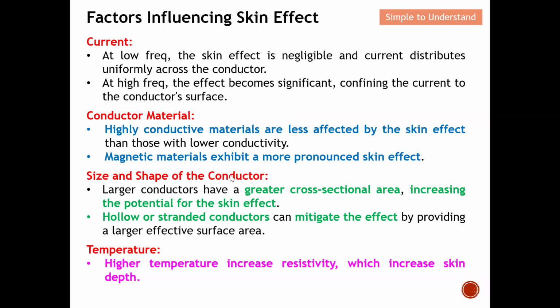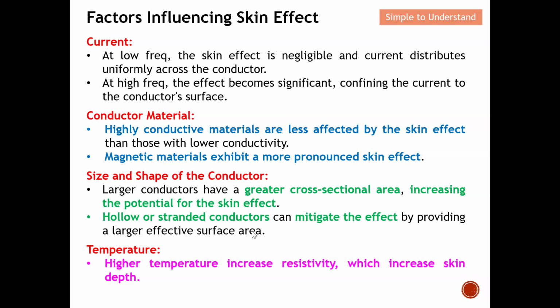Coming to the size and shape of the conductor, large conductors have a larger cross-section area, which increases the potential for the skin effect. Hollow or strand conductors can mitigate the effect by providing a larger effective surface area.